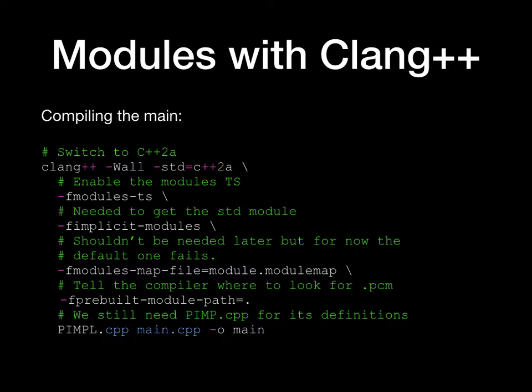So that's the path where we have the PCM file, our pimpl.pcm file or math.pcm file. As you can see, we're not passing explicitly a PCM file to the invocation, and then with -o we just generate an executable binary like normal.